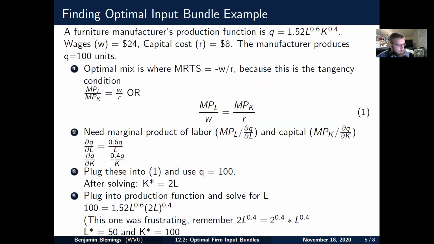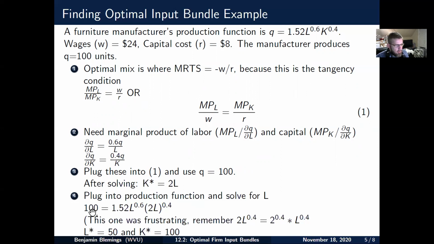And then we just plug K back into the production function, back into this Q that we're given, and solve for L. And this one was also frustrating, but it got a lot easier when I remembered that 2L to the 0.4 is the same as 2 to the 0.4 times L to the 0.4. And then from there, it becomes pretty trivial algebra. And you get L star equals 50 and K star equals 100, notwithstanding some rounding differences.